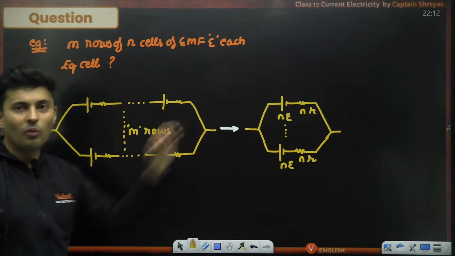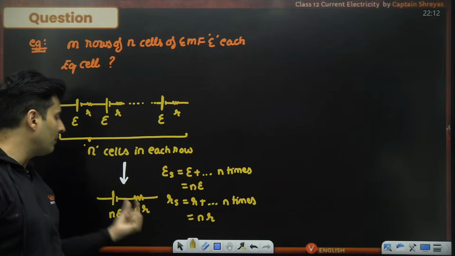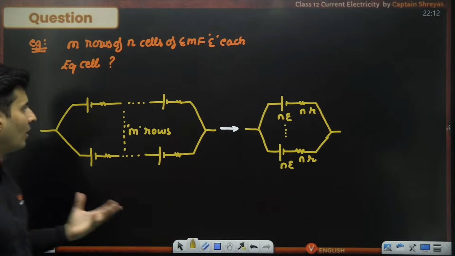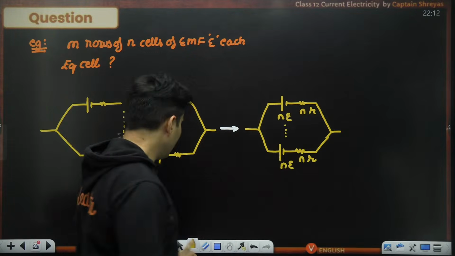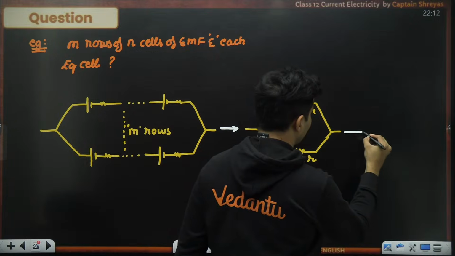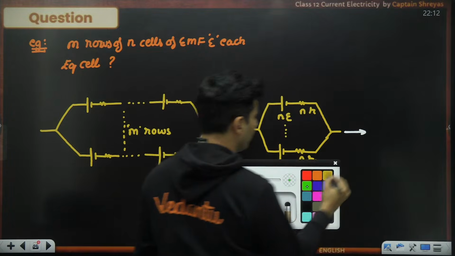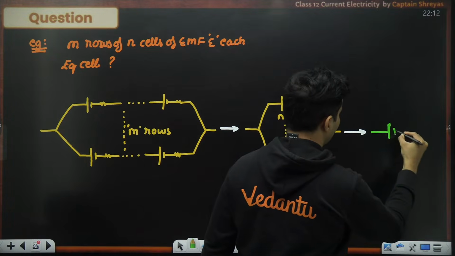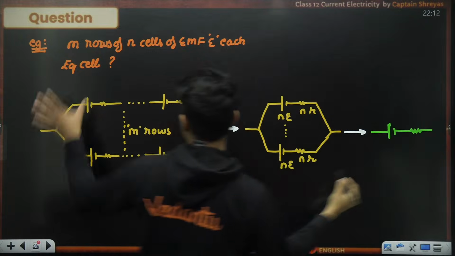Because each row was a single cell of EMF nE and nR internal resistance. Okay. So can I convert this also into a single EMF? Definitely, why not? A single EMF and a single internal resistance. That is what the question is.